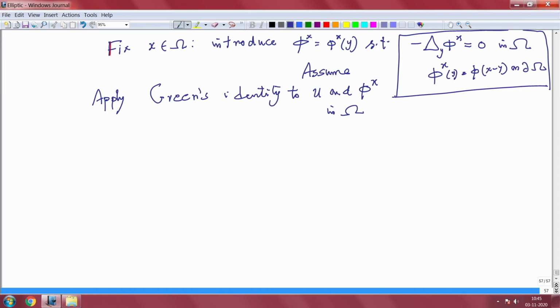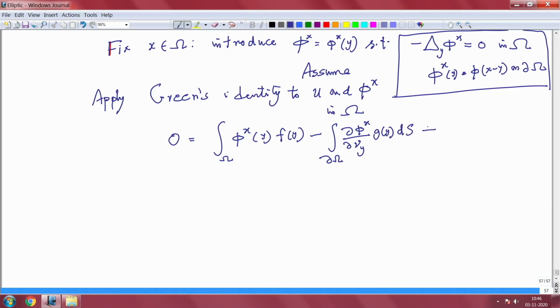So, you get this equation: 0 is equal to the integral in omega of phi x of y f of y dy, the same term with phi of x minus y replaced by phi x, minus the boundary integral over d omega of g of y times d phi x by d nu y, ds.